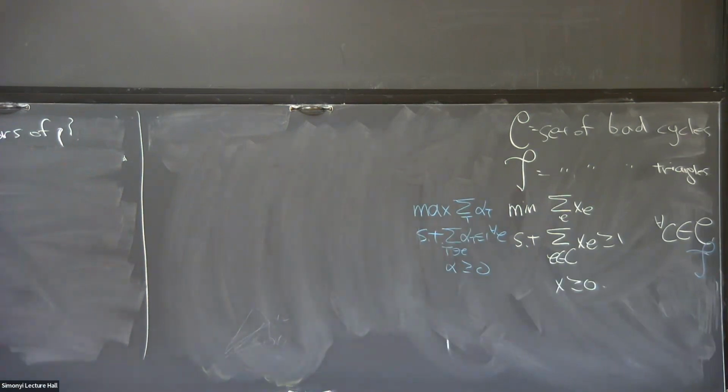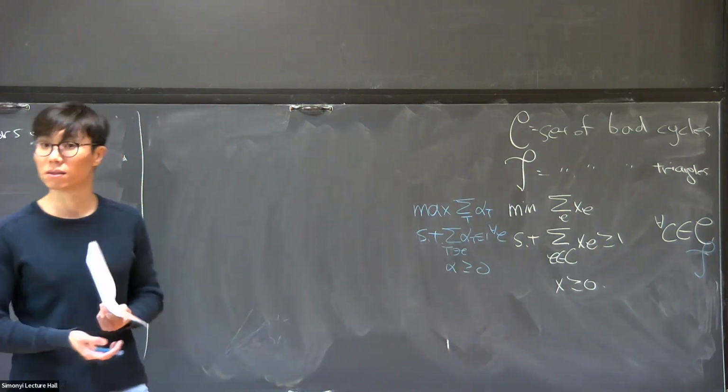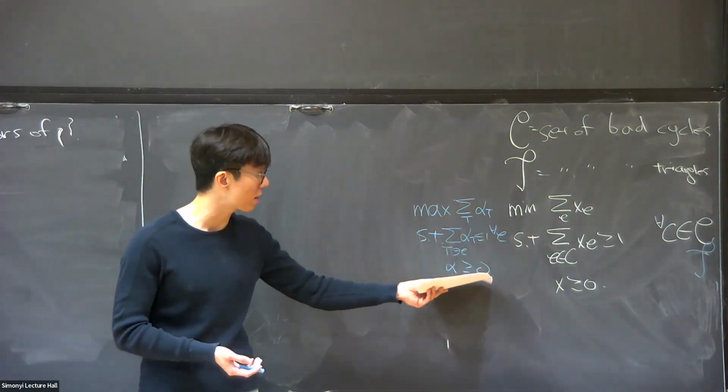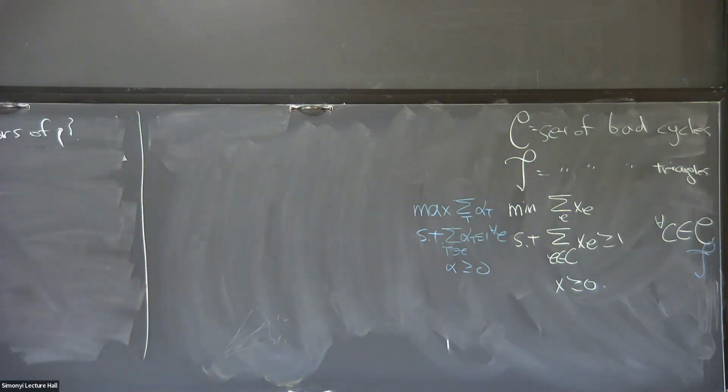So that's the dual, and its optimal value is at most OPT. We are looking at this particular LP, packing bad triangles. Let's try to analyze this; I think it can be done in five lines.